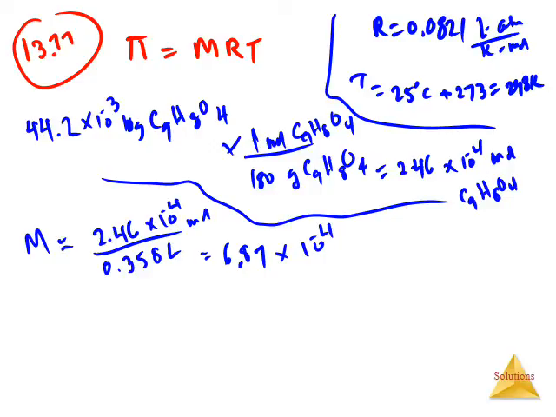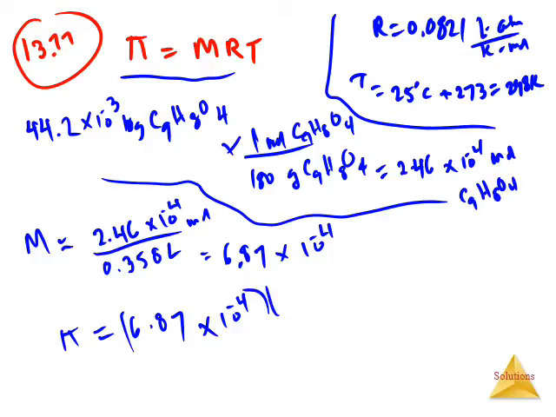Now I can calculate osmotic pressure by applying that expression. I now know the molarity, which is 6.87 times 10 to the negative 4. That's the molarity value. The R value is the ideal gas constant, which is pretty well known: 0.0821 liter atmosphere per Kelvin mole, times 298 Kelvin.